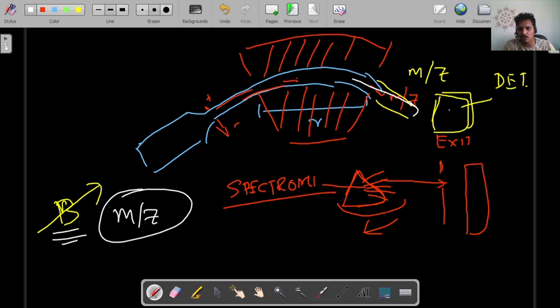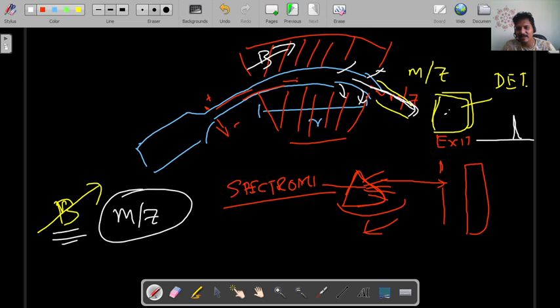Similar to how you rotated your prism table to take out different wavelengths of light through the exit slit, here, to take out atoms of different mass to charge ratio, you change the magnetic field intensity. For a particular magnetic field intensity, a particular mass to charge alone will come out. All other things will collide with the magnet. It will not come out of the tube. It will get attached to the tube. Only a particular mass to charge will come out, and that will be detected by your detector.